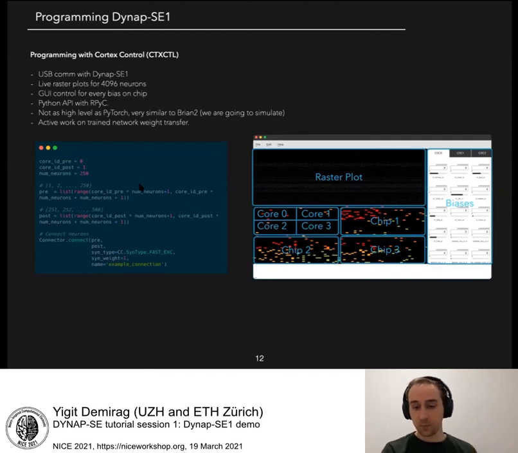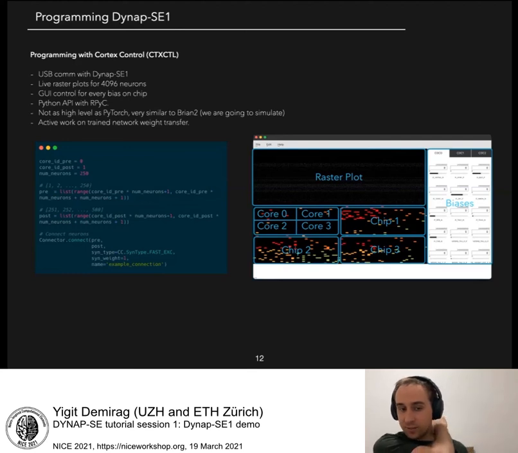Actually, the Cortex Control API is very similar to the simulation tool that we are going to use in the next 2 hours. So if you get a sense of how the API works in the simulator, it's really similar to Cortex Control used to control the chip.